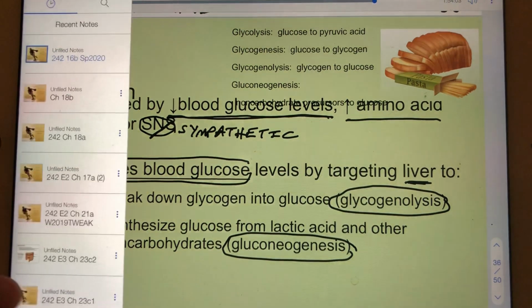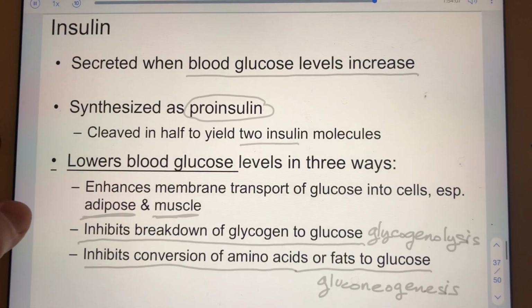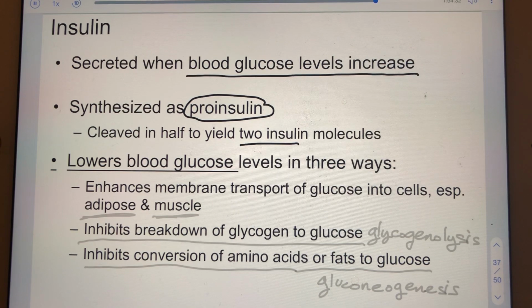Next slide, 38. Insulin, the stimulus to secrete insulin, is high blood glucose, an increase in blood glucose, okay? And when we make insulin, we actually first make pro-insulin and then cleave it, cut it in half, so that each pro-insulin molecule actually yields 2 insulin molecules, okay?